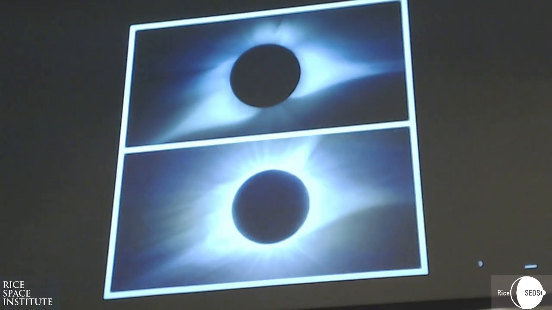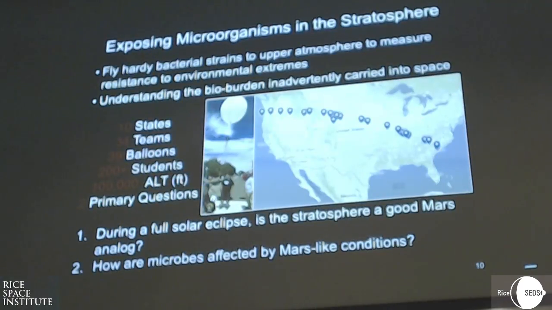So solar physics had enormous benefit in terms of what we could do during these eclipses. In the shadow of the moon, we could actually look at that lower corona and validate a lot of our models that we couldn't have done otherwise. But there were other activities that we did. Along the eclipse path, there were 57 balloons that were launched.